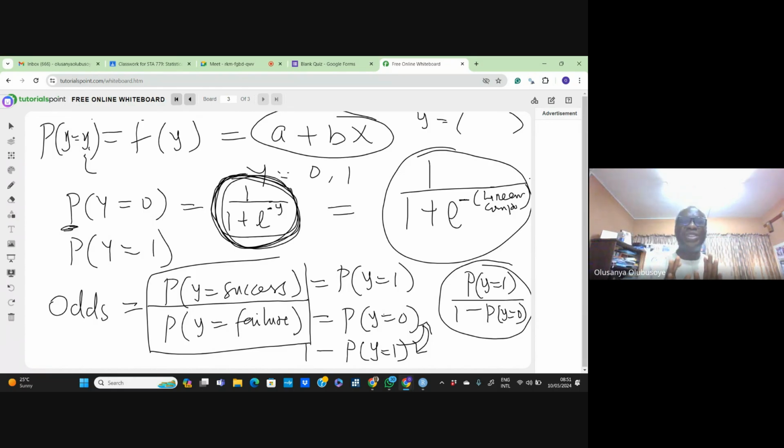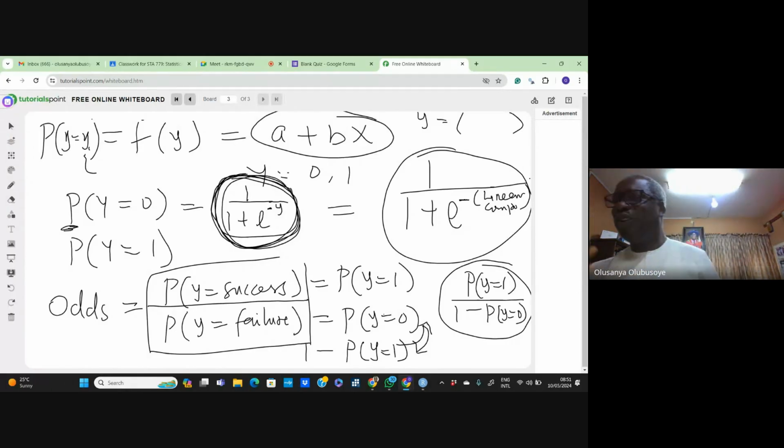Excellent. It's either it rains or it does not rain, so the ratio of the probability that it rains over the probability that it does not rain is what we call the odds.